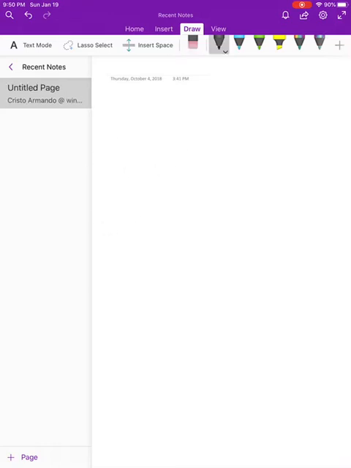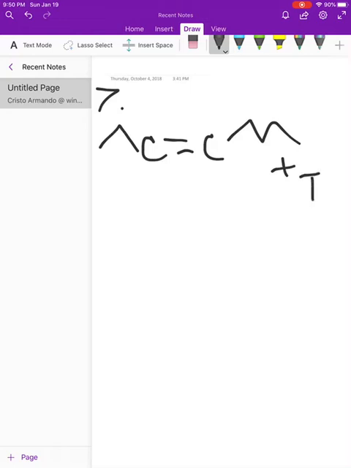Okay. So problem number 7. Name that right there. Plus this. So a very similar mechanism.